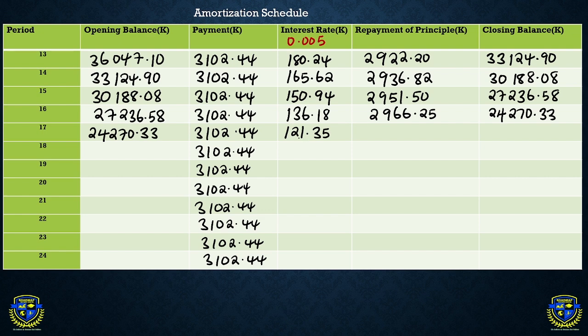Subtracting the 121.35 from 3,102.44, that is going to give us a 2,981.09.